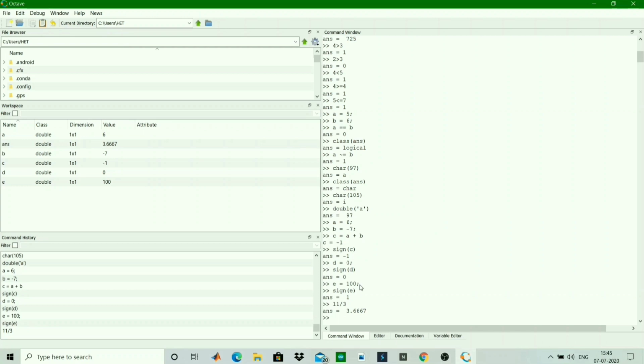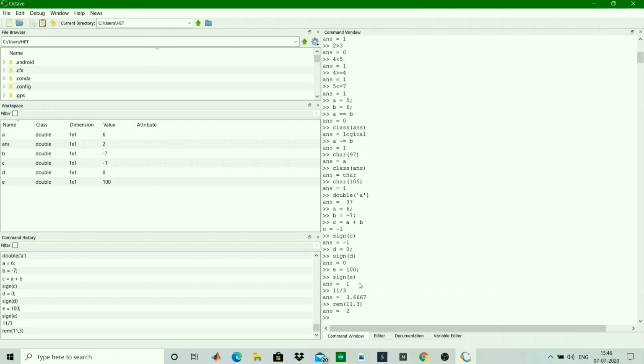So we can do that by using rem, remainder, and then entering first the dividend and then the divisor. Hitting enter, you see that we get 2 as a remainder of 11 by 3.